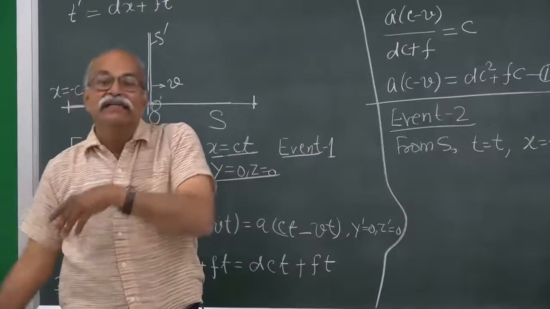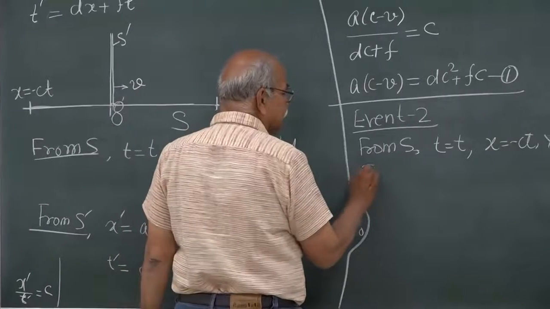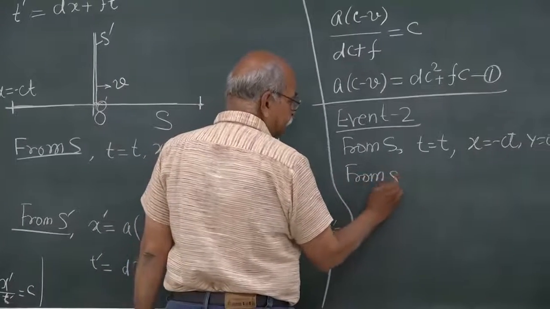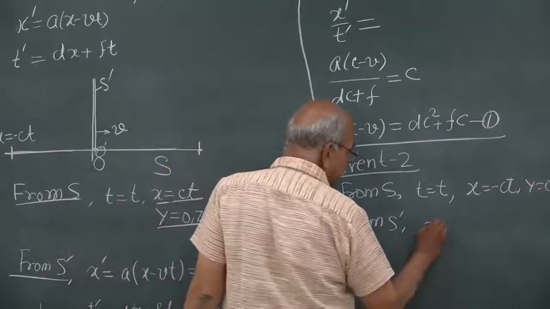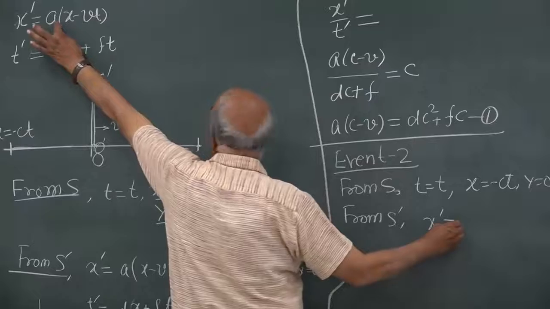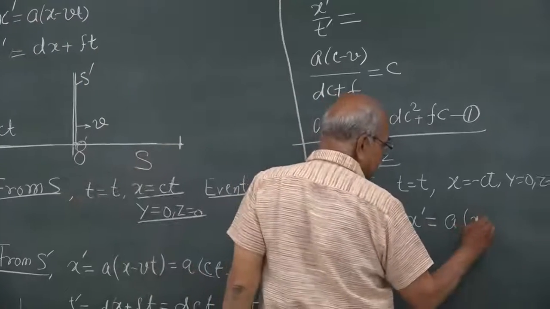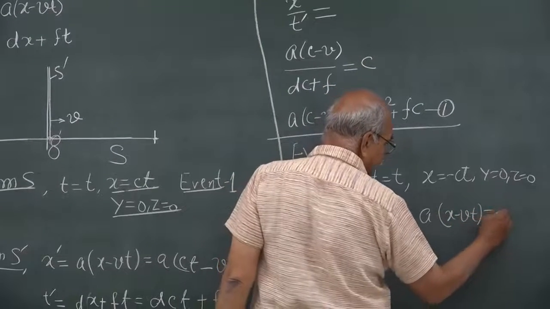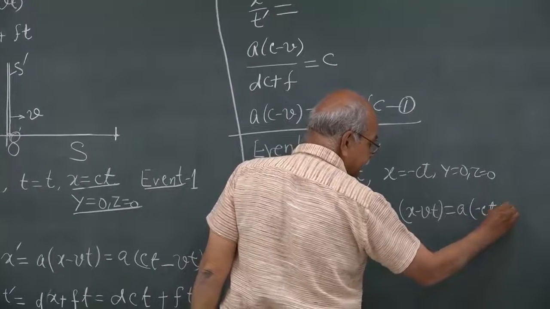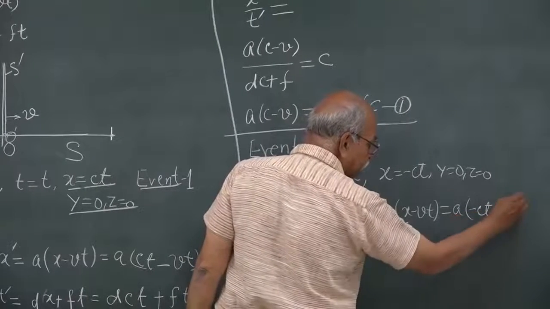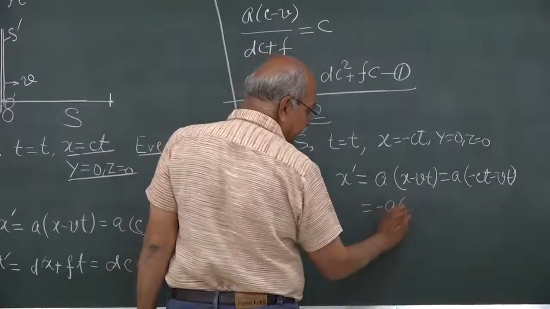This particular event, as seen from S prime, what will happen? So, you can write from S prime. From S prime, let us write this x. So, x prime is equal to A into x minus Vt, and what is x? x is minus ct minus Vt, that is x prime is minus A into c plus v times t.